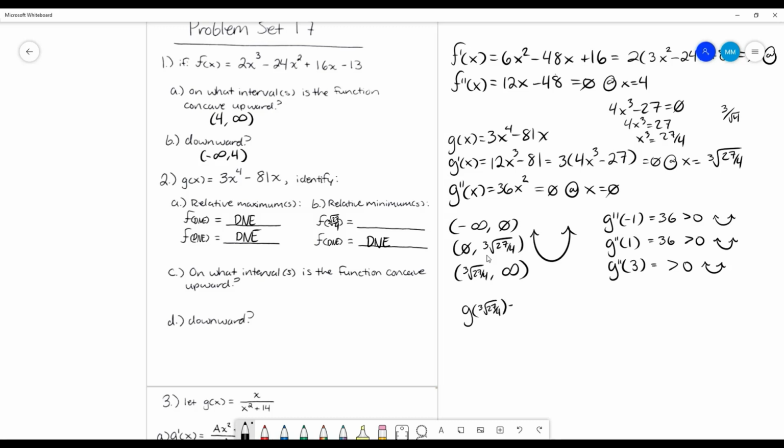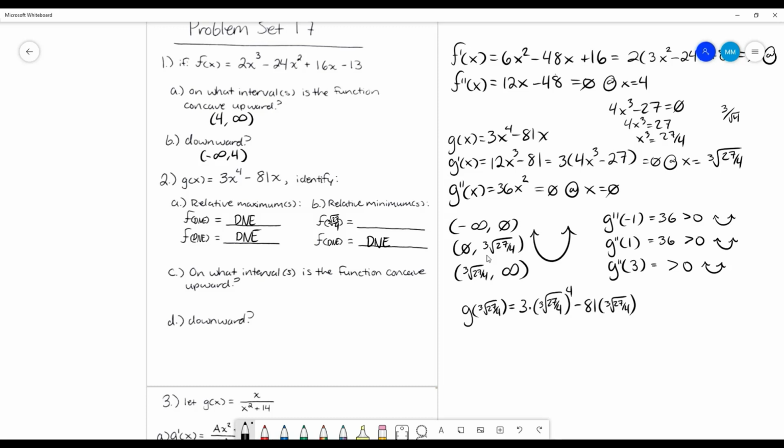Now we just plug that back into the original equation. Equals this to the 4th. Oh wow, okay. There's a lot happening here. So it's going to be 3 times the cube root of this to the 4th minus 81 times the cube root of this.